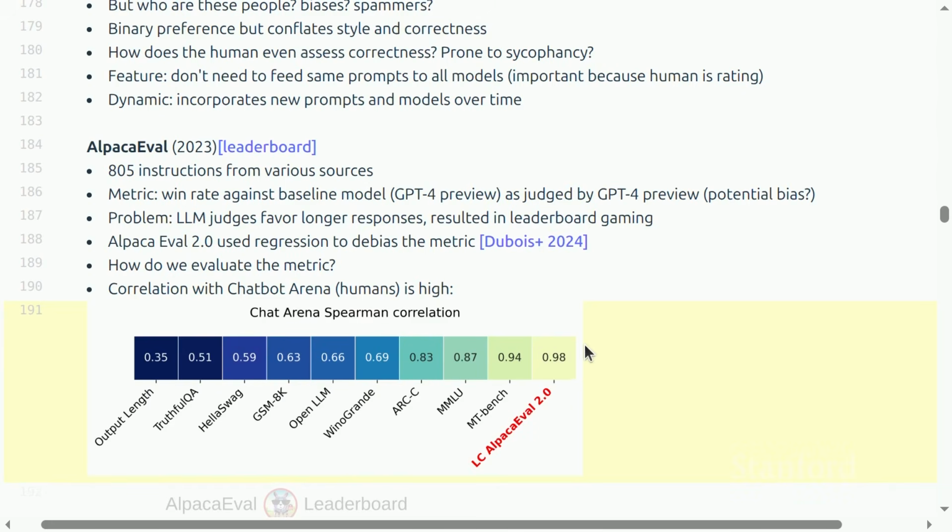So this suggests that, let's say you wanted to evaluate on Chatbot Arena, but you're too shy to put your model up, or you don't want to wait for humans or whatever, you can use AlpacaEval to evaluate instead. Now, this correlation, of course, is with respect to a certain set of models, and so this might not hold for models that, let's say, are stronger than GPT-4 preview.